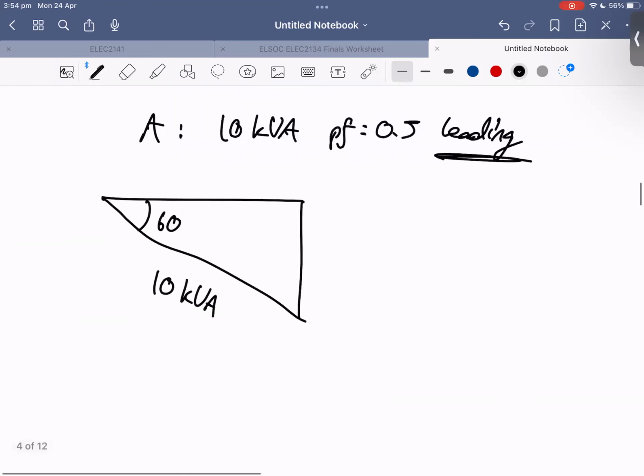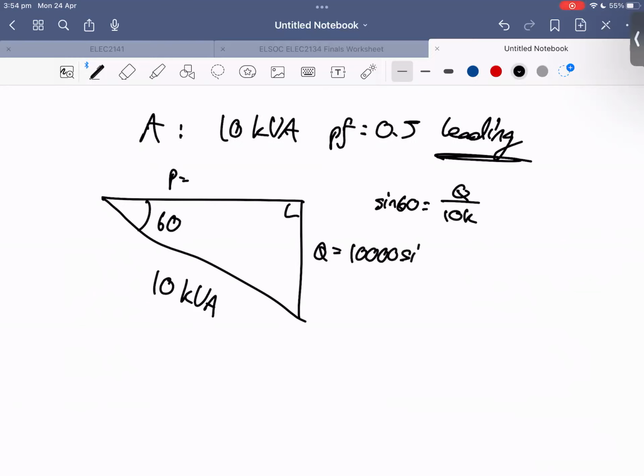And then I can just use trigonometry to find the rest. I want the P and I want the Q. So sine 60 is Q divided by 10 kilovolt amps. So Q is 10,000 sine 60, which is 8660 volt amps reactive.